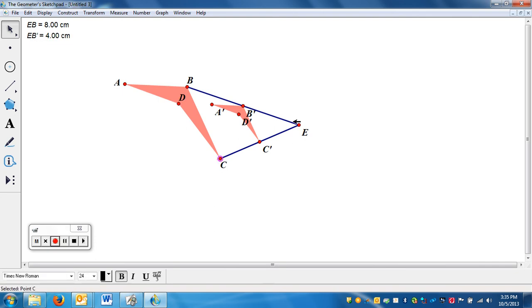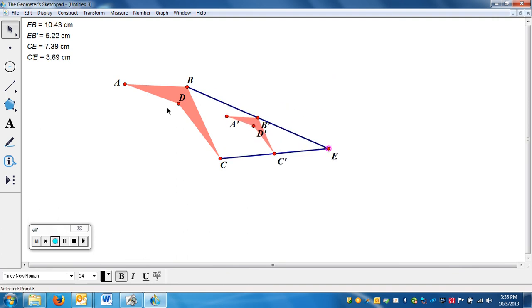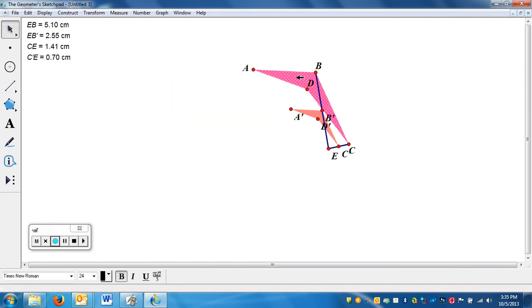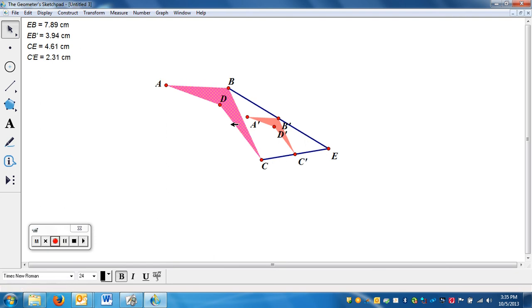And the same thing if I measure the distance from C to E, and then I measure the distance. And it doesn't matter which distance I measure. Notice the distance got cut in half. Alright, and then as I move my center, or I can move this object, the distance, if you look up here, is always going to be cut in half.